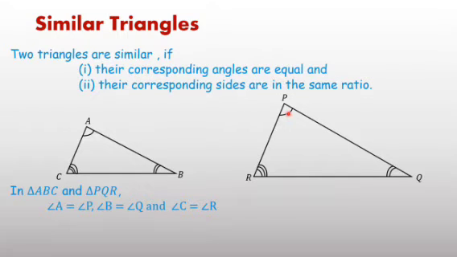If angle A equals 50 degrees and P equals 50 degrees, then these two angles are known as corresponding angles. In both triangles, the angles which are equal to each other are known as corresponding angles. Since angle A equals P, the corresponding angles of both triangles are A and P.